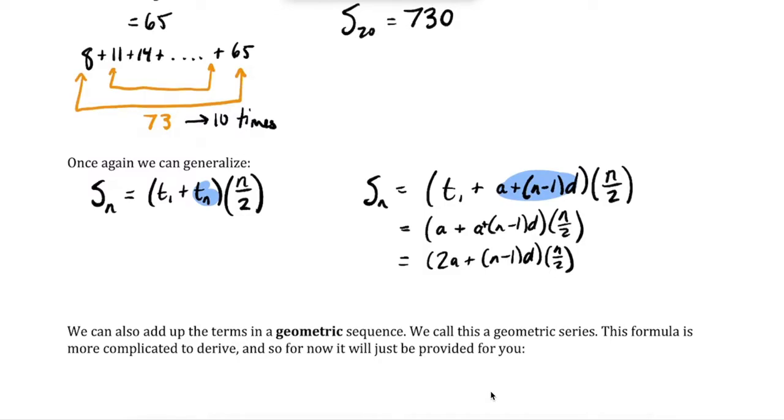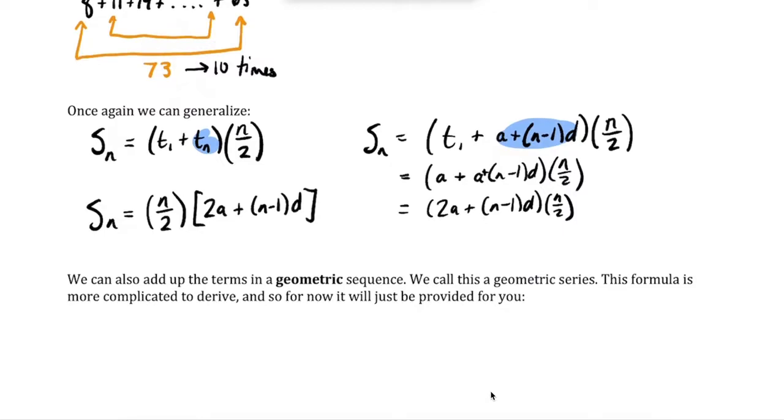And actually, the traditional way that this formula is written, which is the way that I'm going to write it over here at the side, is we write the n over 2 first. So n divided by 2 times 2a plus n minus 1 times d. And this is the most common way that you'll see your arithmetic sequence or arithmetic series formula represented.